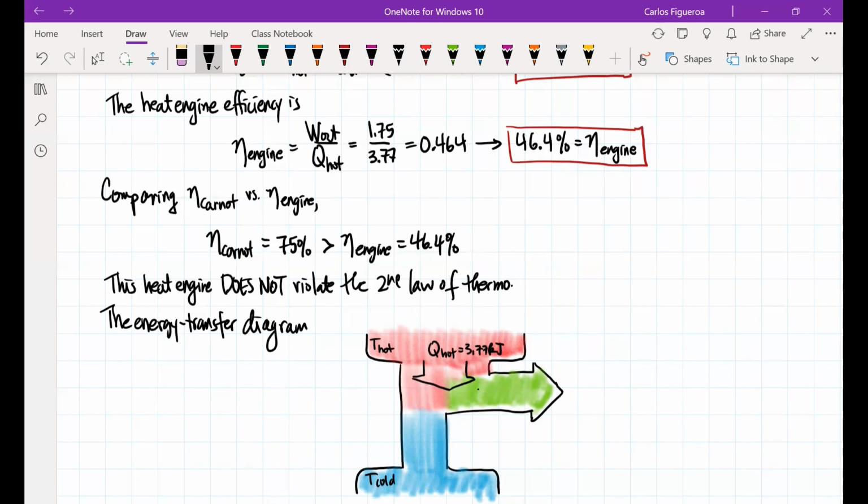Part of it goes to the output work, the mechanical work, which is 1.75 kilojoules. And then part of it is going to Q cold. And this number is 2.02 kilojoules.